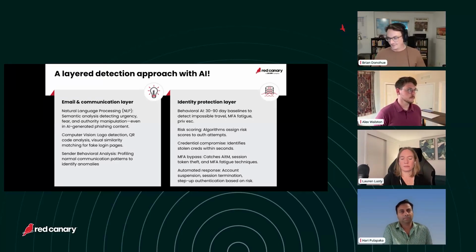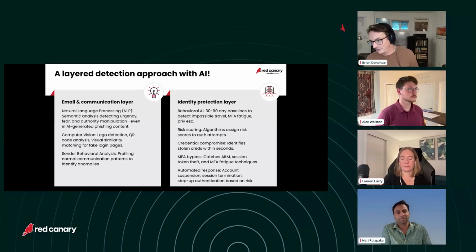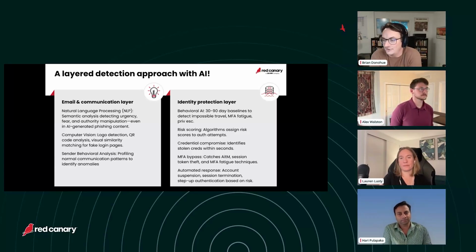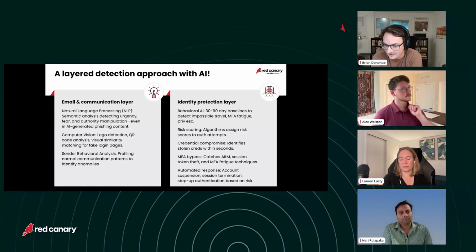I've said this in many presentations: if I always log in from Virginia on a Chrome browser on a Mac OS device, something's up if Brian's logging in from New Mexico on a Windows device using an Edge browser. AI is really good at building those baselines and understanding when a login deviates from them.